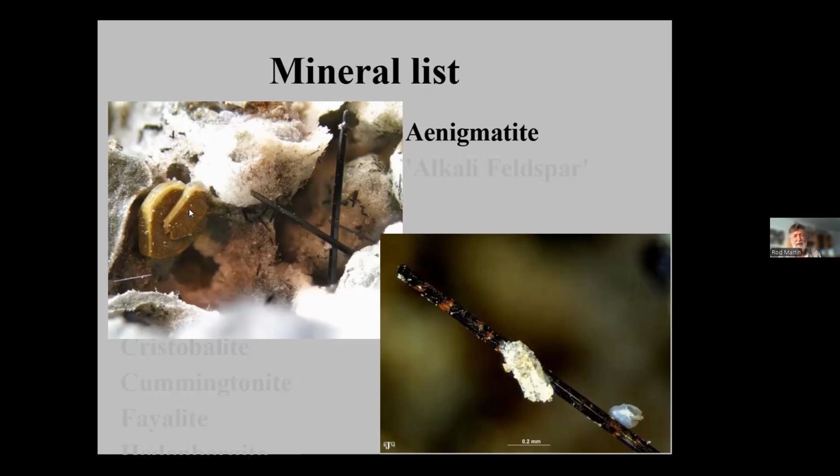This here, we found over the years plenty of these, and they were never identified until recently, and they are actually also tuhualites, but late stage gases have altered the outside and turned them brown. And when you break these open, they're actually purple inside. And some of them still have patches of purple on the outside.